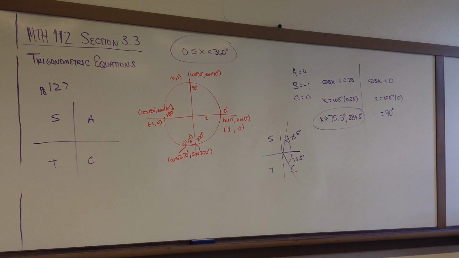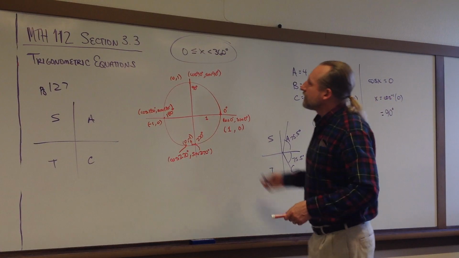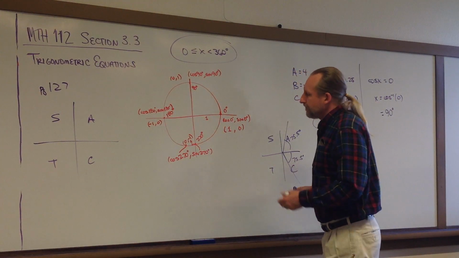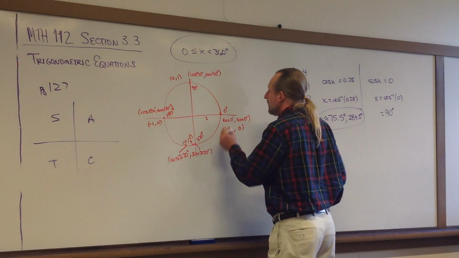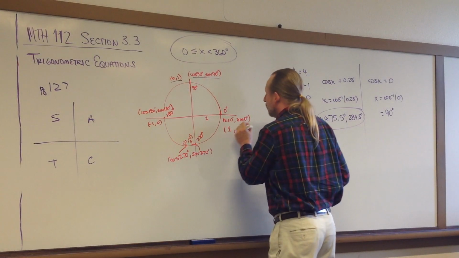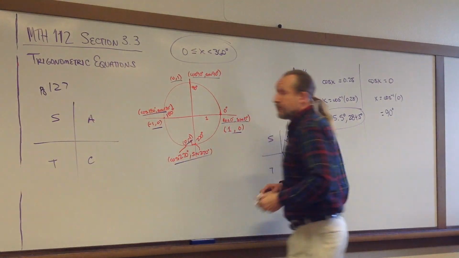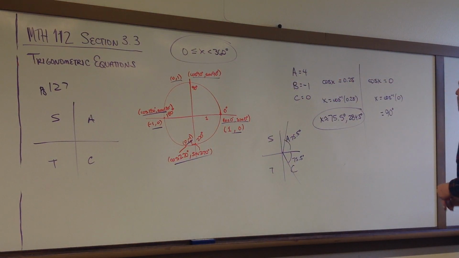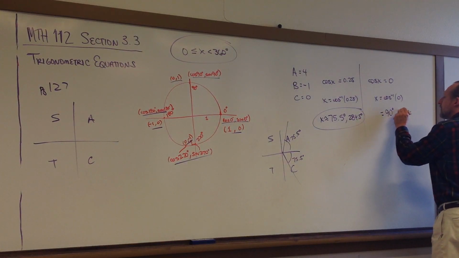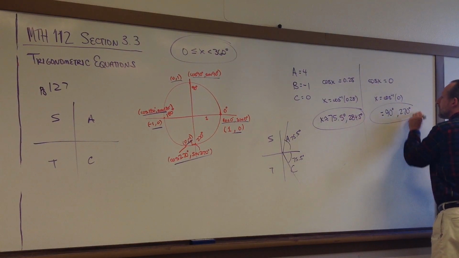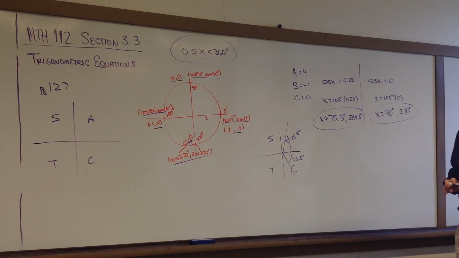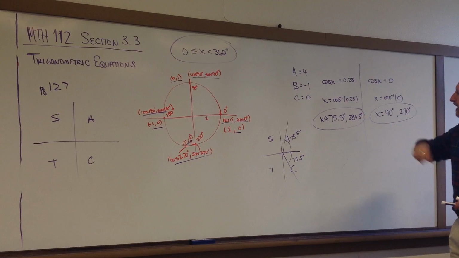Okay? So this unit circle diagram is very helpful for generating the sines and cosines of what are called the quadrantal angles, which are all multiples of 90. All of that is to say that we need to include 270 degrees in our answer. So we've got 4 answers: 90, 270, 75.5, and 284.5 degrees.